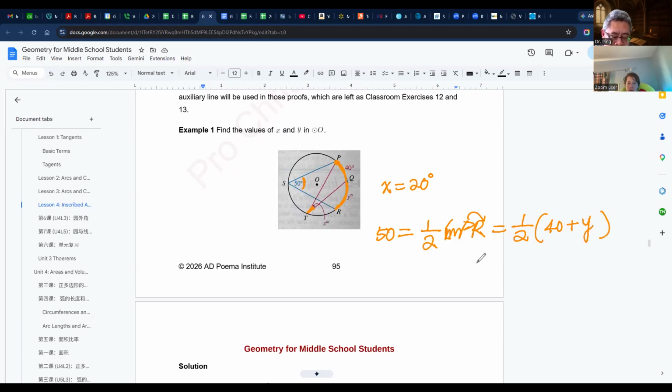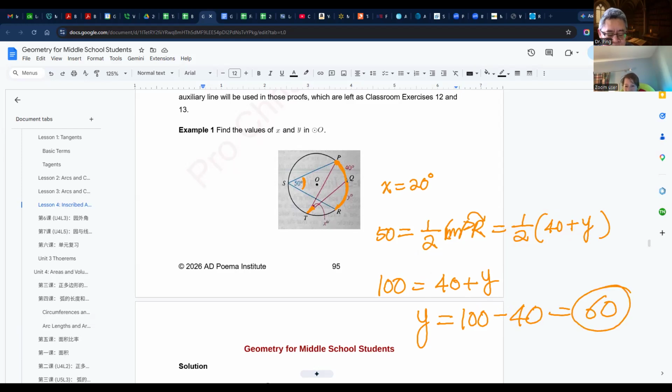So we set up the equation and multiply by 2 on both sides. We get 100 equals 40 plus y. Therefore y is 100 minus 40, which equals 60. Pretty straightforward algebra. All right, so that's how we got that.